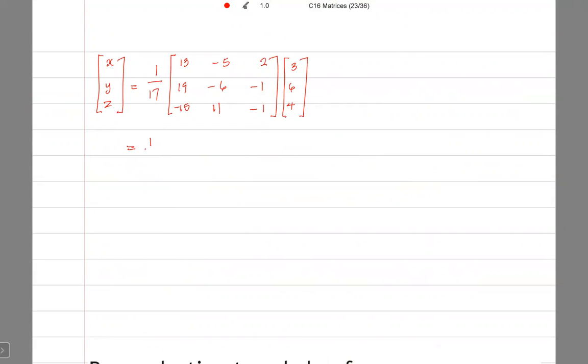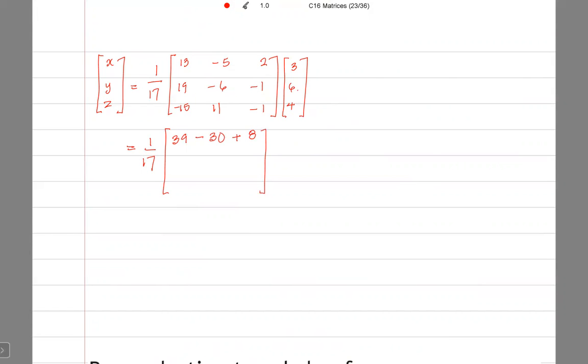Let's go. So this is my 1 over 17. Row by column. 13 times 3, that's 39. Minus 5 times 6 is minus 30. 2 times 4 is positive 8.